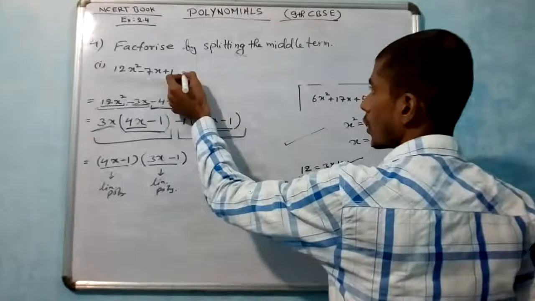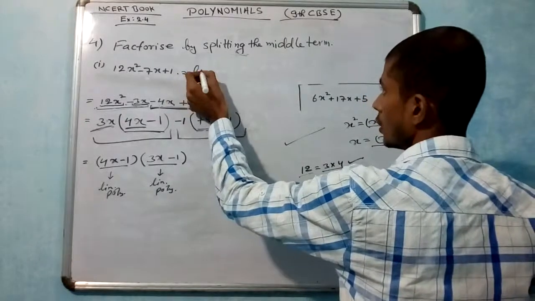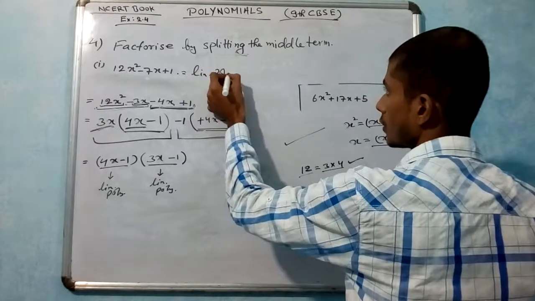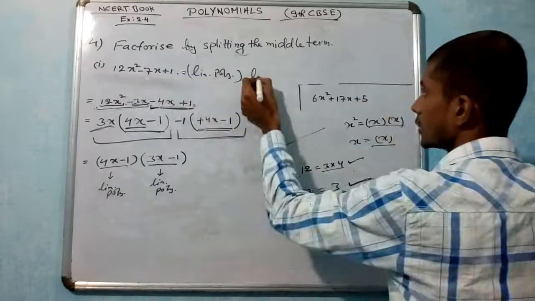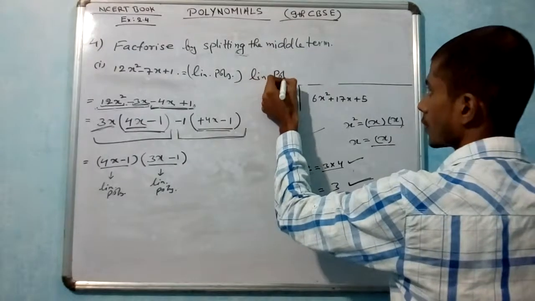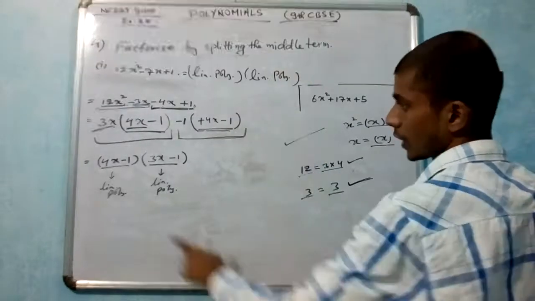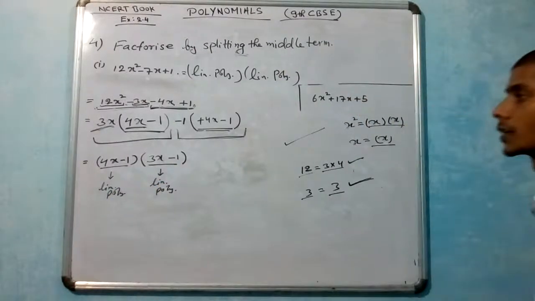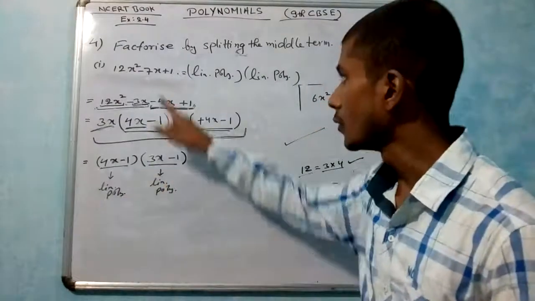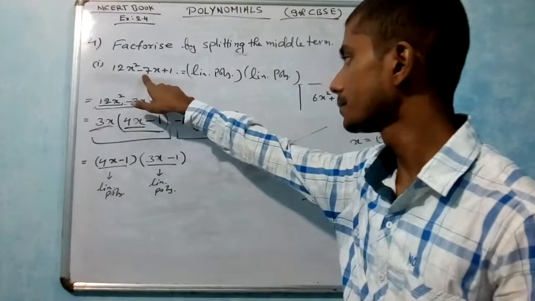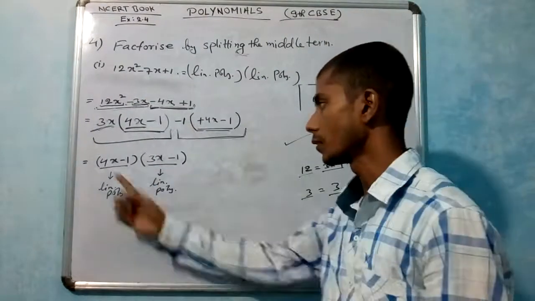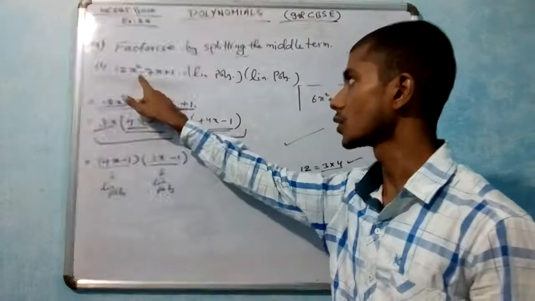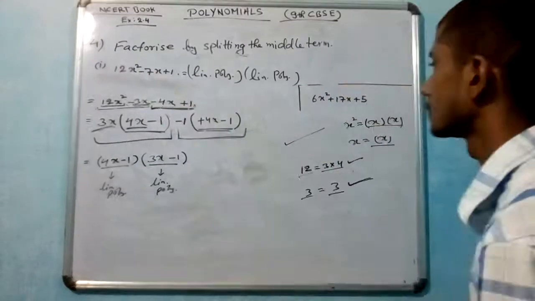And this should be equal to the product of this linear polynomial and this linear polynomial. See, we have got the two linear polynomials, 4x minus 1 and 3x minus 1. If we multiply these two, we will get this value only, 12x square minus 7x plus 1.